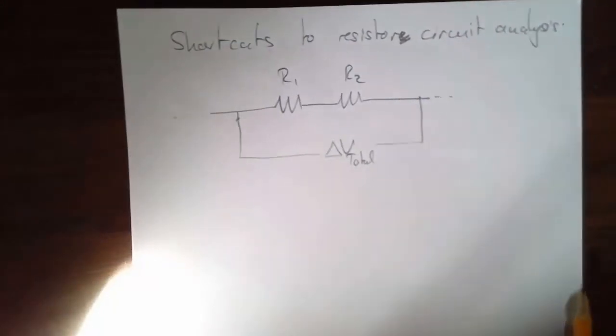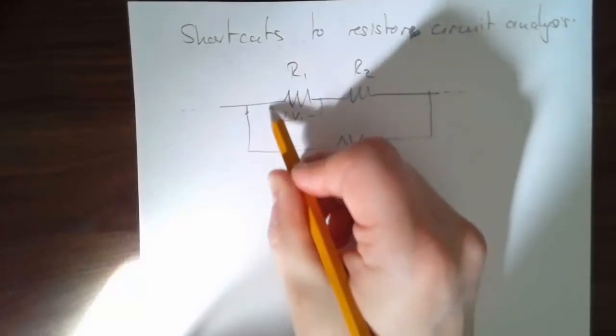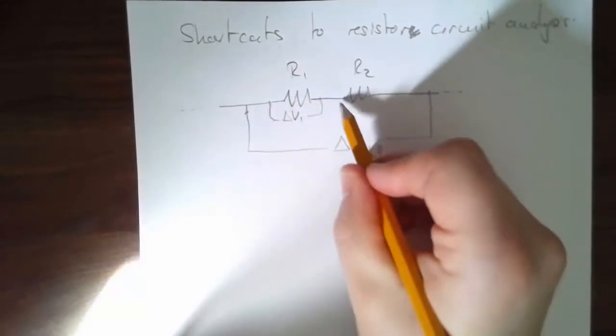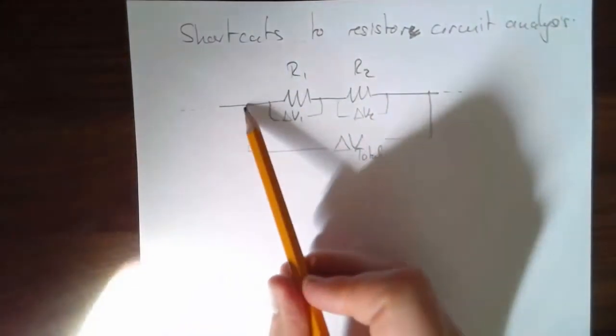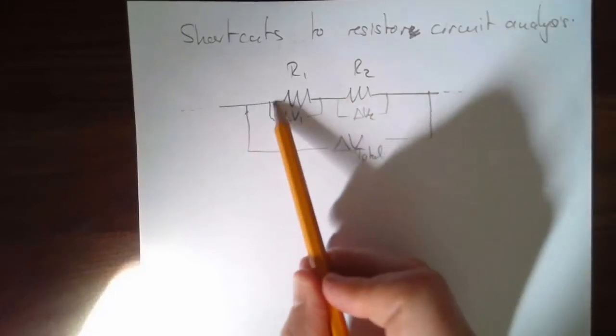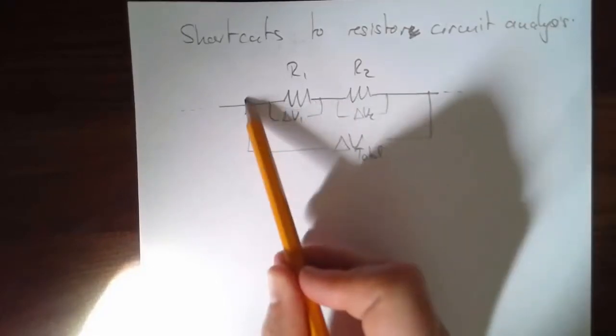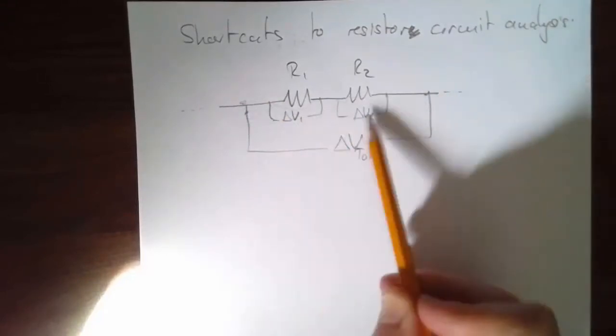What is it telling me? Well, in terms of delta V1 and delta V2, delta V total is the sum of the two, right? Because if I go down a certain amount here and down a certain amount here, in total I've gone down from here to here, and the potential is just the sum of those two.